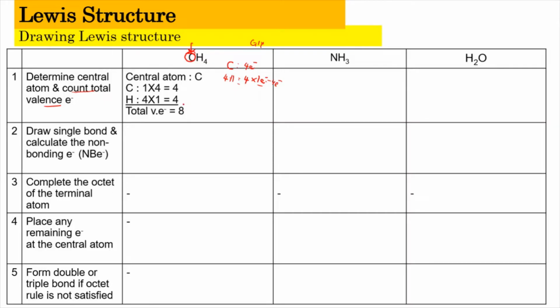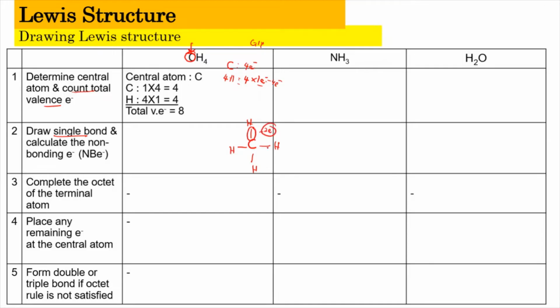Since we have 8 valence electrons, now we need to draw the single bond between the central atom, which is carbon, and the 4 hydrogens. So 1, 2, 3, and 4. Our terminal atoms are going to be hydrogen, hydrogen, hydrogen, and hydrogen. As you know, the single bond here represents 2 electrons.